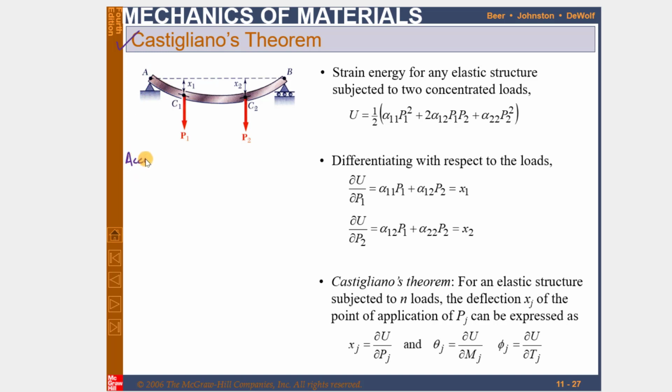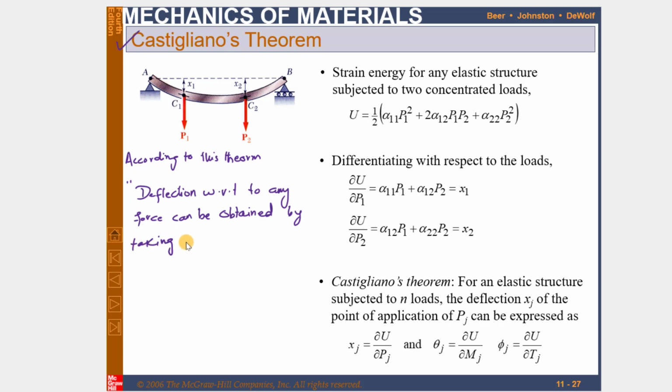According to Castigliano theorem, we can define it: deflection with respect to any force can be obtained by taking the partial derivative of total strain energy, which I will write as capital U, with respect to that force.